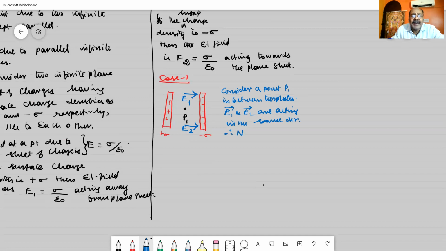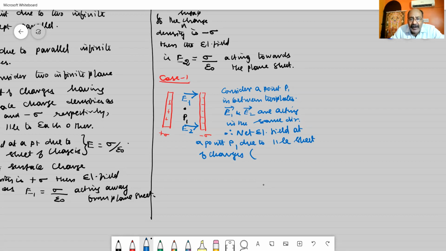Therefore, the net electric field at point P1 due to the parallel sheets of charges, that is, the net electrical field at point P1 inside the plane sheets of charges, is the net electrical field E vector.